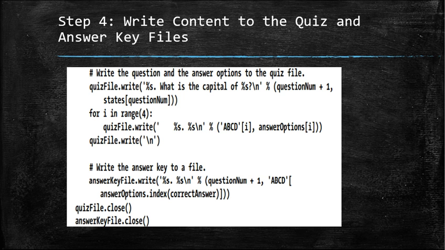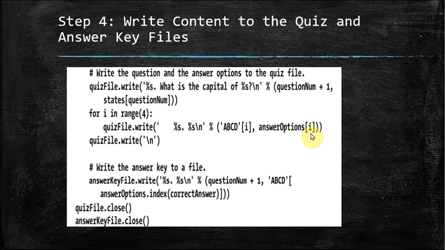Again, a for loop that goes through the integers 0 to 3. Here you can see the range: for i in range 4. That means you are going from 0 to 3, a total of 4. We will write the answer options, you can see here, answer option i.